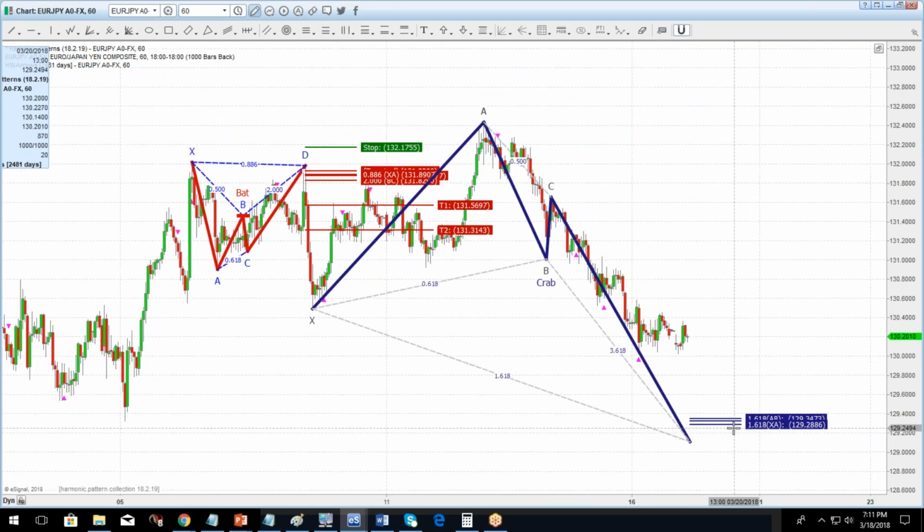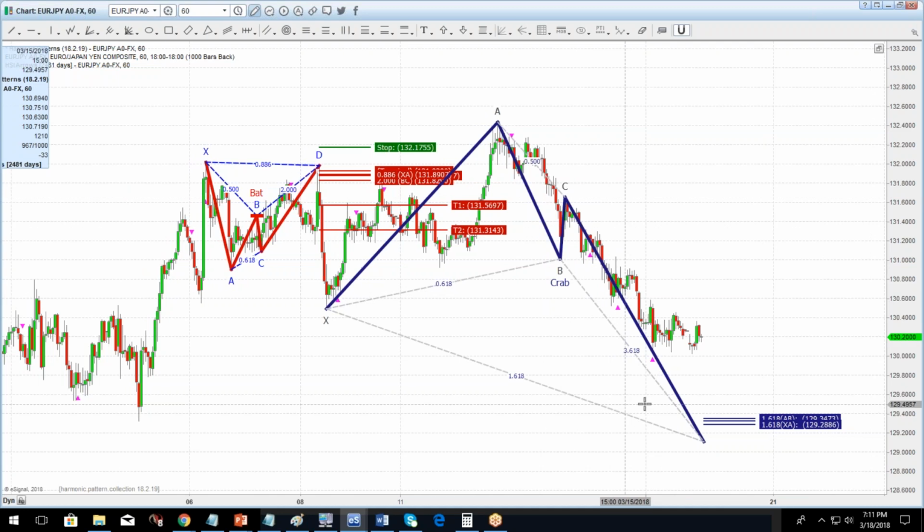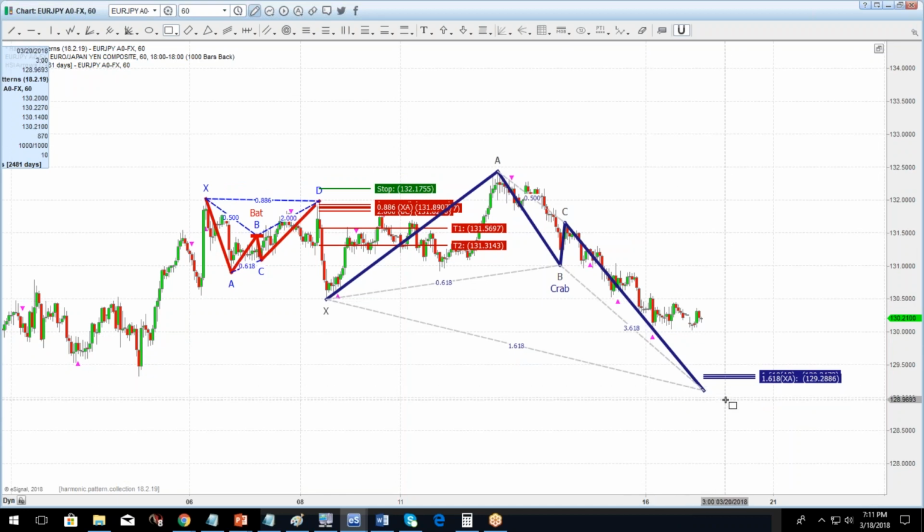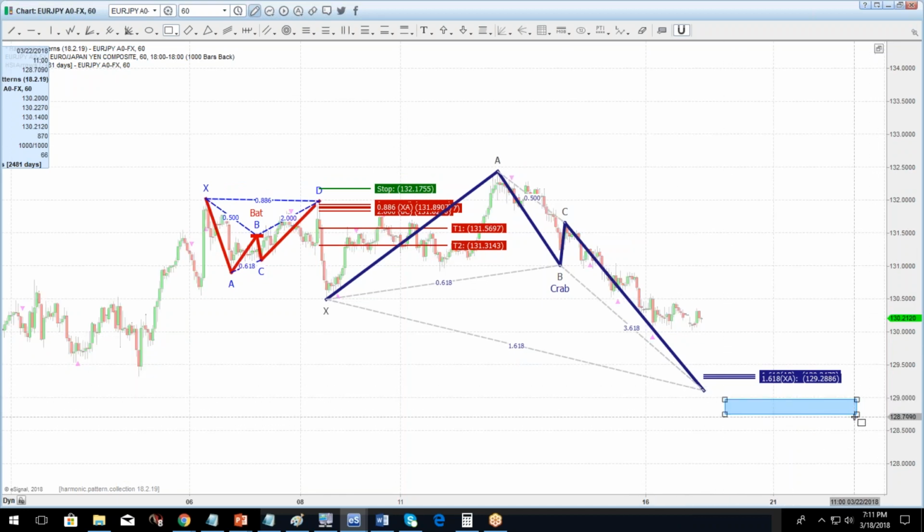And I always look at these formations, and the patterns aren't going to generate until we get down past a certain point. In case the crab pattern, it'll generate beyond the X point. But with this formation, I know at a minimum we're looking at a 1618 extension, and I'll even bring in this 1902 and look at that down here of saying that Euro Yen still in a downdraft until we hit this pattern under 129.